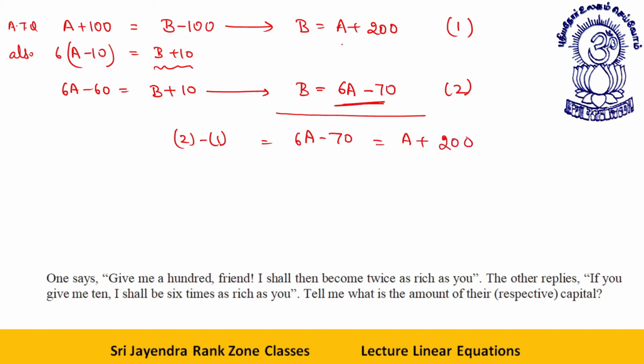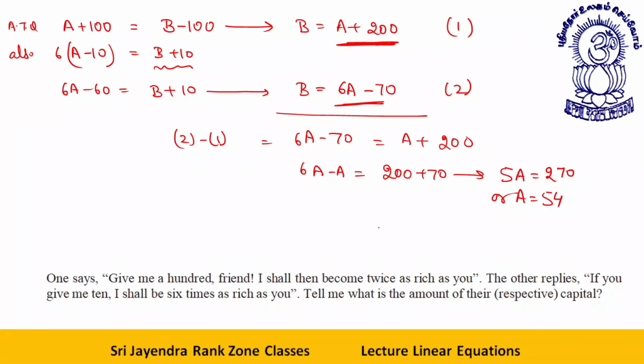So these two things are equal actually. 6A minus 70 is equal to A plus 200, or 6A minus A is equal to 200 plus 70, that is 270. Or I can say 5A is equal to 270, or A is equal to 54.